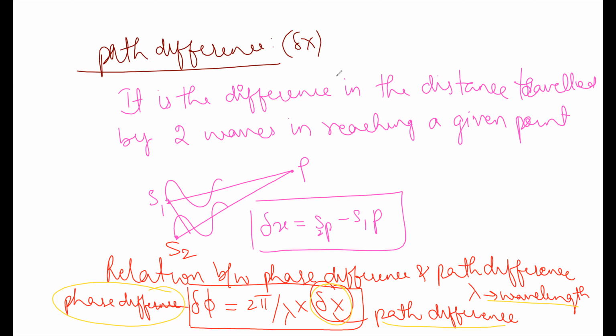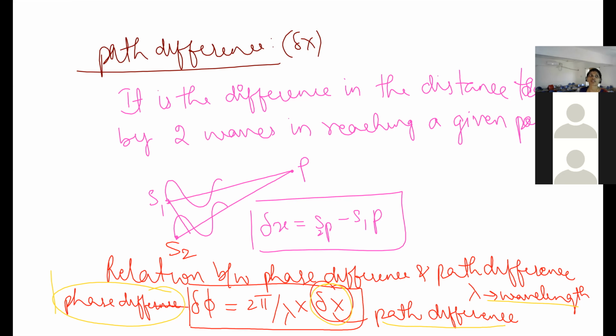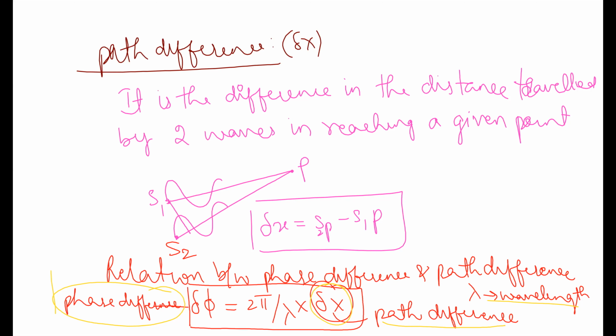Based on that, try to make your own notes. Any doubt about whatever we discussed? If you have any doubt, put it in the chat box. Any doubt? No. Okay.